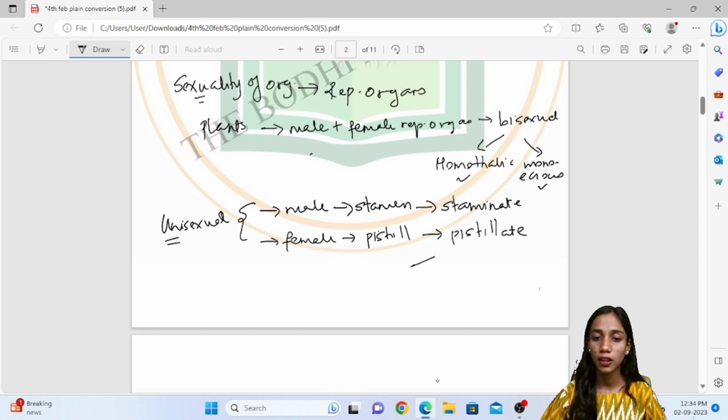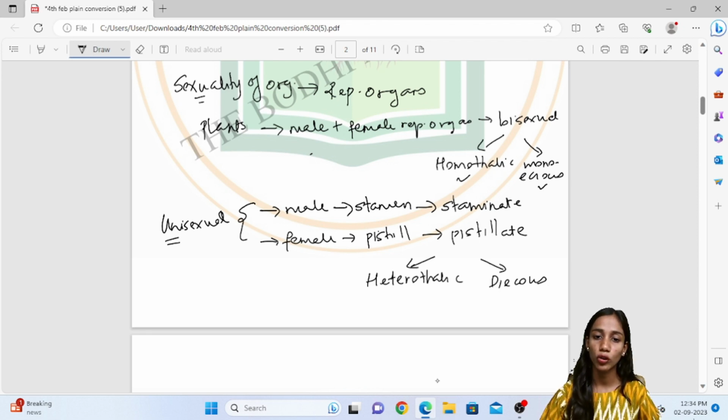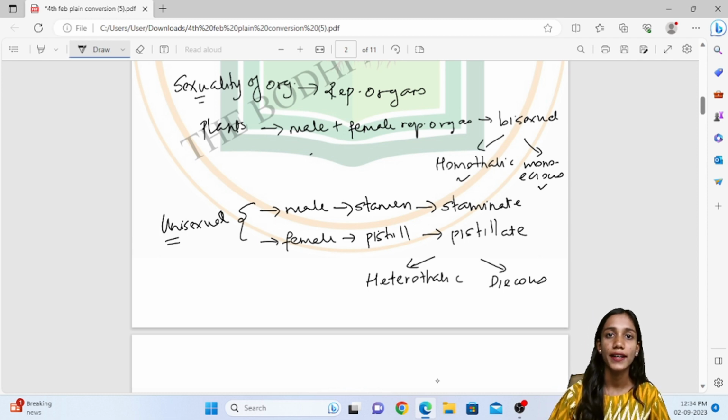And other terms which are used for unisexual plants are heterothallic and dioecious. Okay, so plants that are bisexual are homothallic and monoecious, and the unisexual are heterothallic and dioecious. Okay, so this comes under the sexuality of organisms.